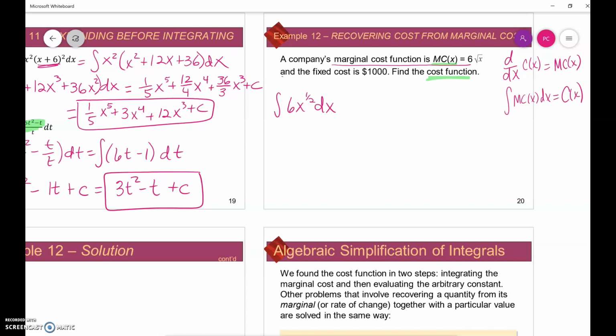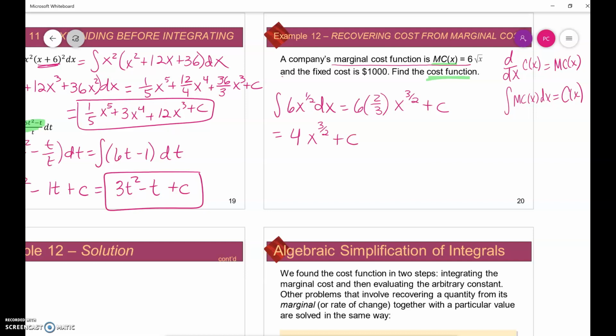If you do 1/2 plus 1 is 3/2. So I know this is 6 times 2/3 x to the 3/2, and then plus c. Simplifying this out, we end up with 4 x to the 3/2 plus c.